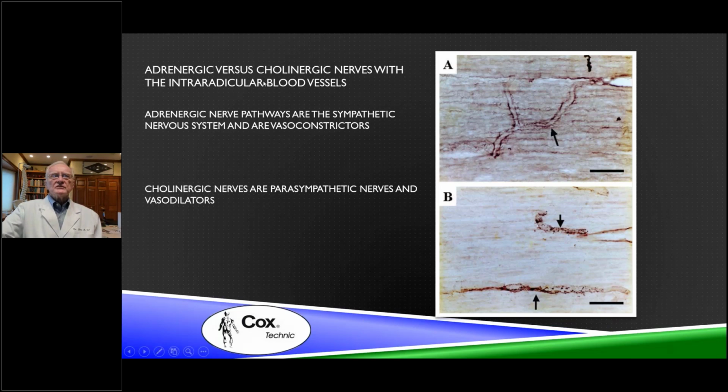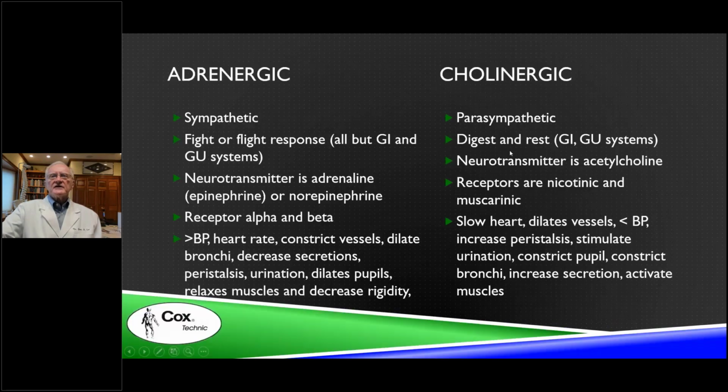This just shows you the nerves that are supplying those vessels, supplying the nerves themselves. Adrenergic, cholinergic, you can read these. Do we live in a hypersympathetic atonic world? Yeah. Fight or flight, as opposed to rest and digestion, which are cholinergic.